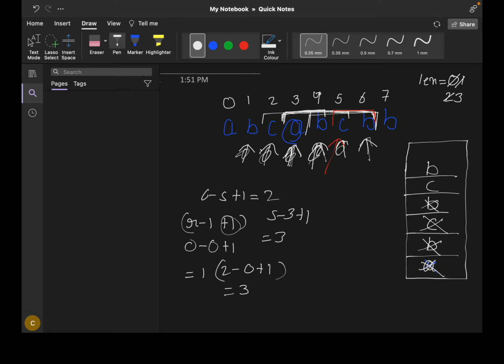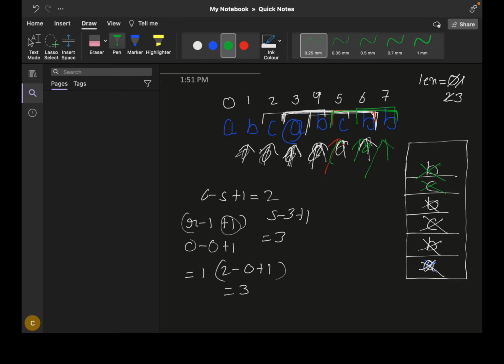Again the right pointer comes here, and now our current substring would be this. We again check whether B is contained or not. B is contained, so we shrink from the left-hand side. Our left pointer would be here after removing the C character. We again check whether B is contained or not. B is again contained, so we remove B again.